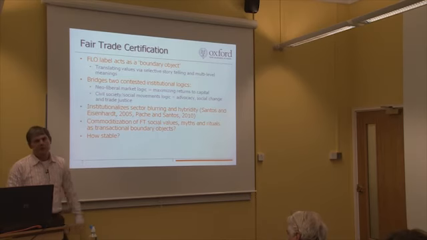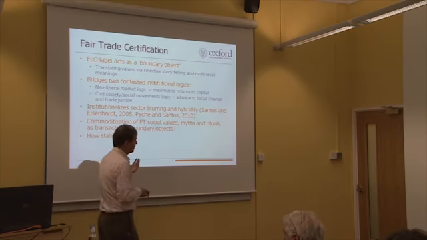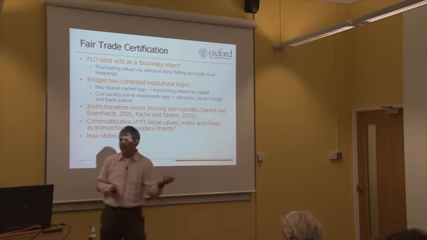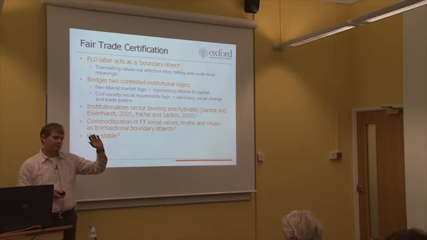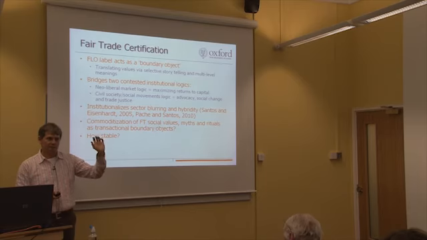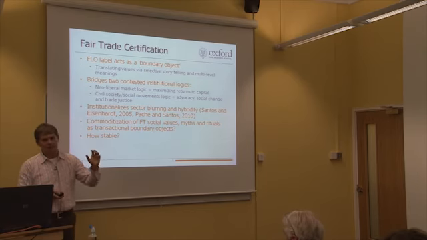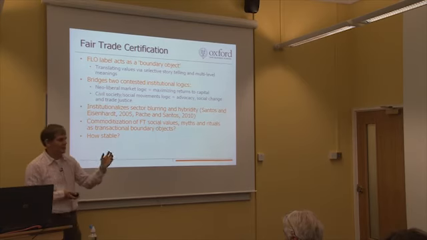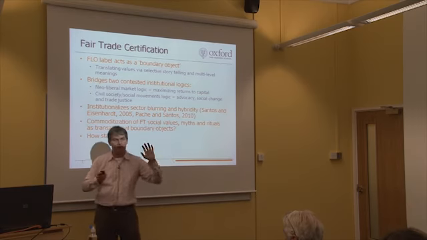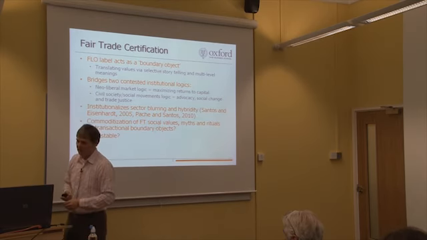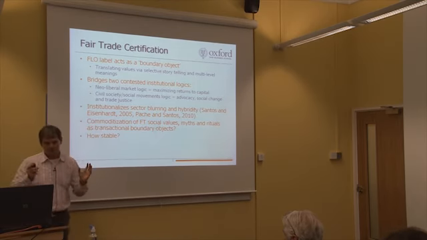Okay. So the proposition, based on all this theory, is that the Flow label, the certification label and the standards that it embodies, act as a boundary object in this context. They allow meanings to be translated selectively across the partnerships between multinationals and fair trade as a kind of social movement.